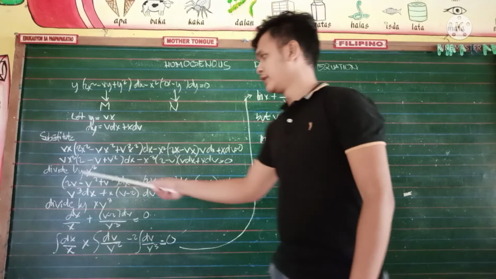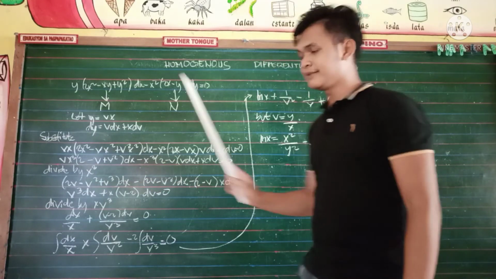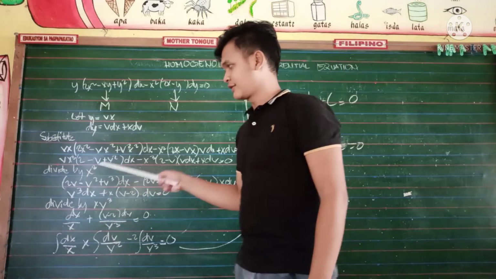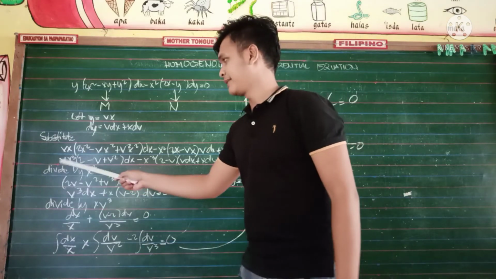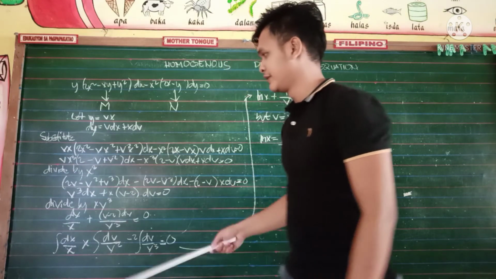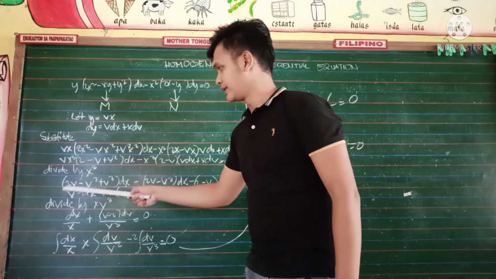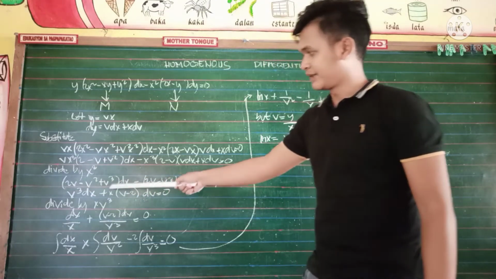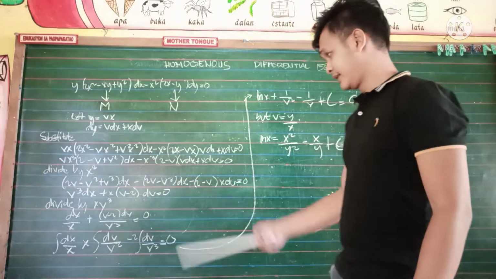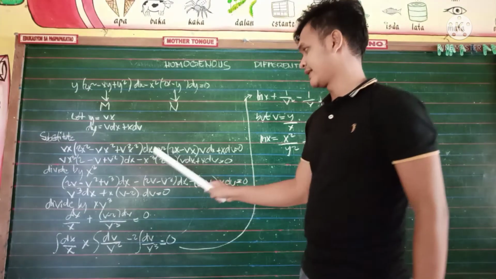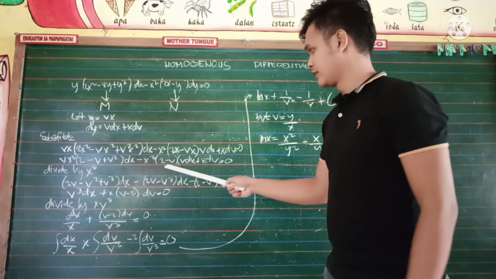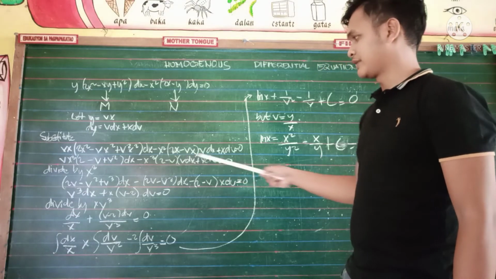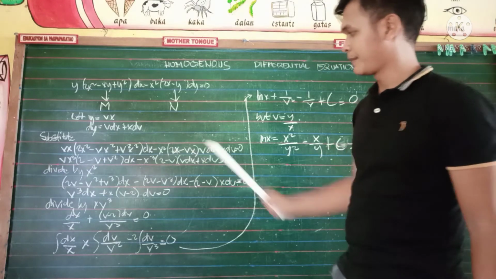So divide both sides by x cubed and multiply the v in each of here. So cancel x cubed: (2v minus v squared plus v cubed) dx, and here cancel the x cubed and substitute this 2.